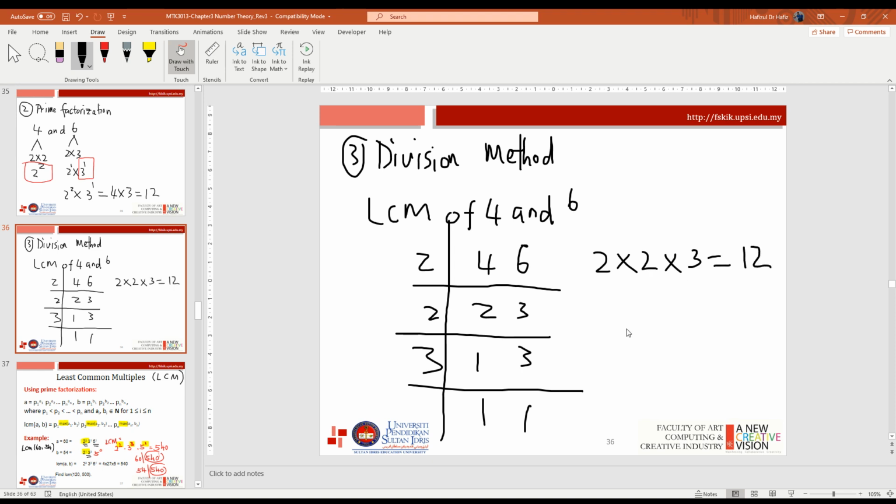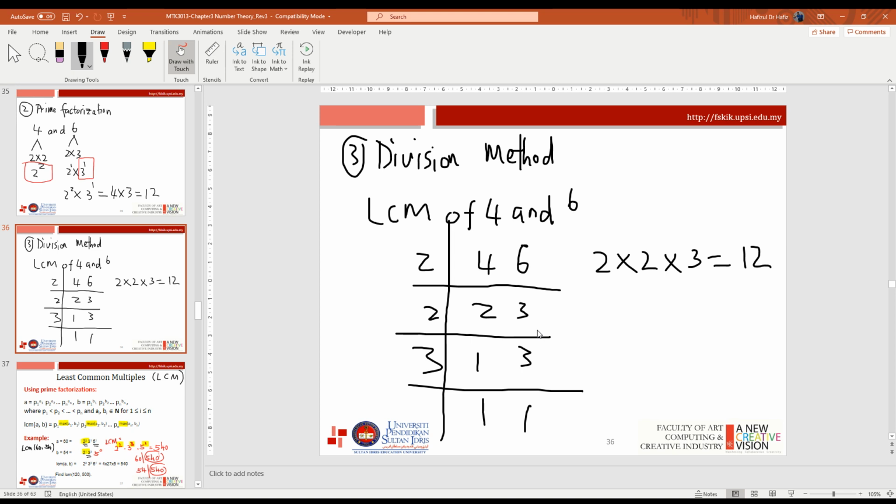Step 1, find the smallest prime number that is a factor of at least one of the numbers 4 and 6. Write this prime, 2, on the left of the given numbers 4 and 6 in a ladder arrangement. Step 2, if any given number is divisible by 2, divide by 2 and write the quotient below. Bring down any number not divisible by the prime number.